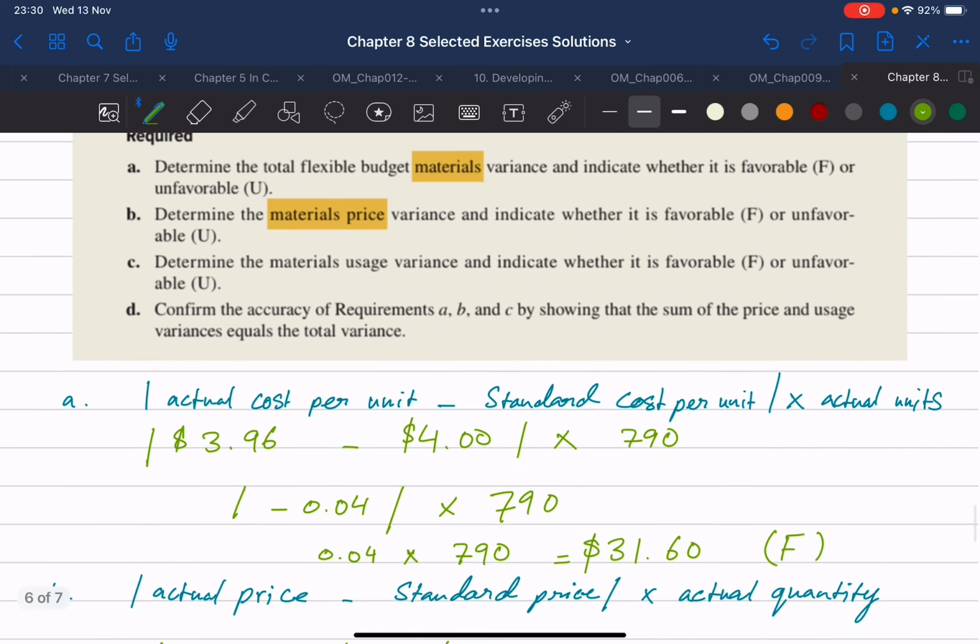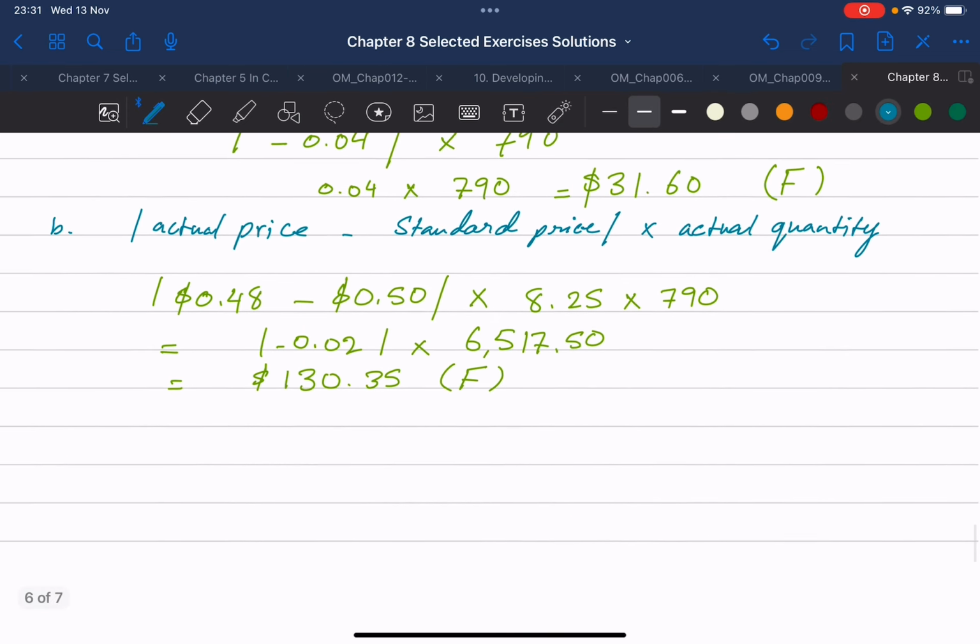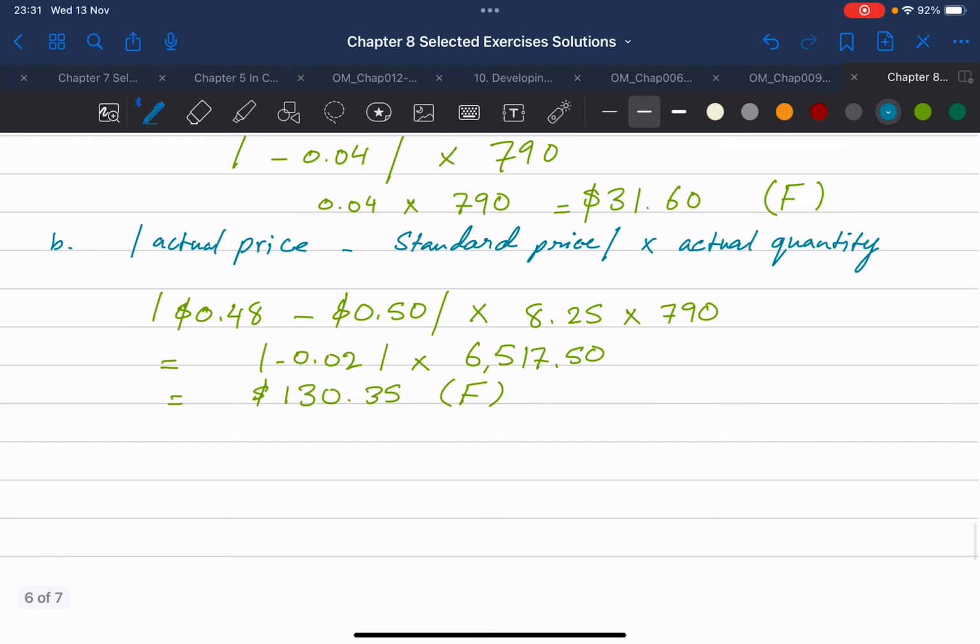Okay, so we'll write down our formula and then substitute. So part C, that would be the absolute value of the actual quantity minus the standard quantity. Okay, multiplied by the standard price.